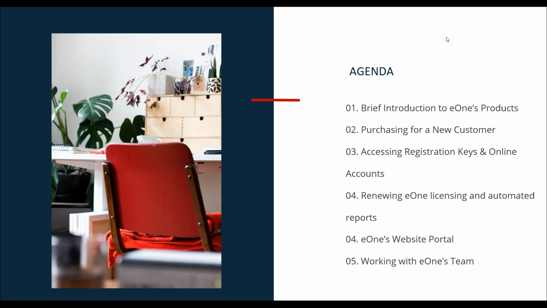So we want to give you a quick introduction to our actual tools so you understand what you're working with at eOne. Maybe you're just handling the purchasing and the sales piece of it, but we want to make sure you understand what we're offering and what you're able to offer to your customers. So we'll walk through the logistics of purchasing a new product on our website or a combination of products.